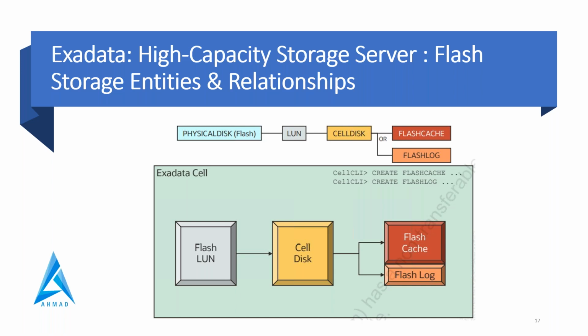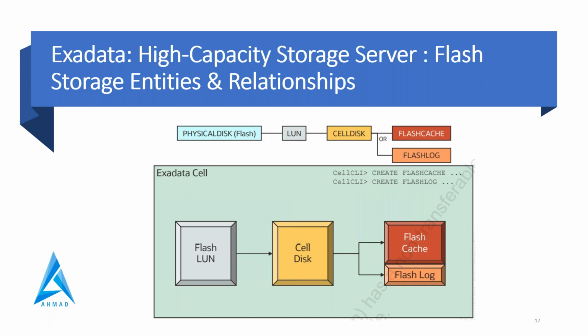Each flash device is like a physical device in the storage hierarchy, and each flash device is visible to the Exadata cell software as a LUN. The initial cell configuration process creates flash based cell disks on all the flash devices.